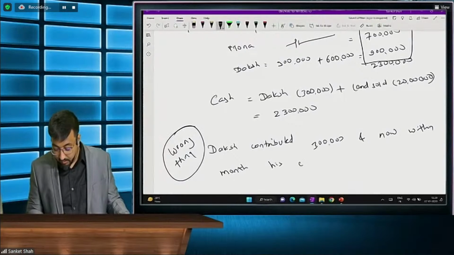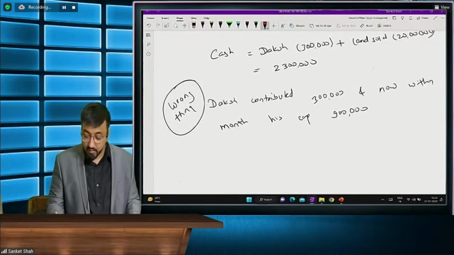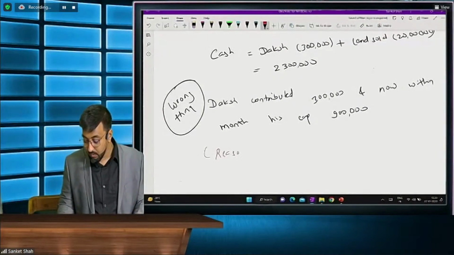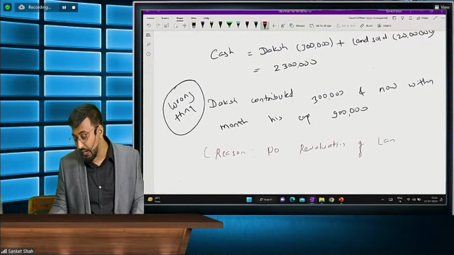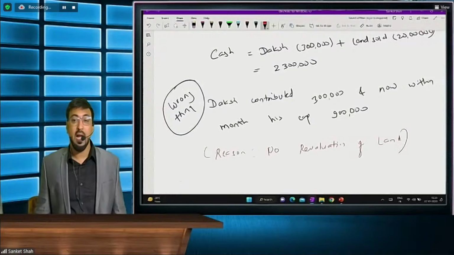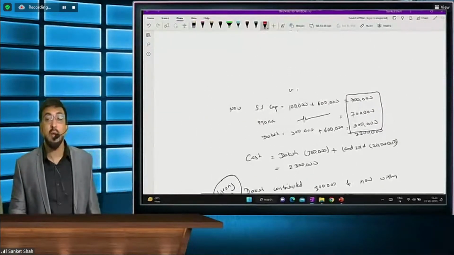His capital 9 lakhs. Reason, red pen: no revaluation of land. लैंड का रिवैल्यूएशन नहीं हुआ, इसीलिए तो ये प्रॉब्लम हुआ.